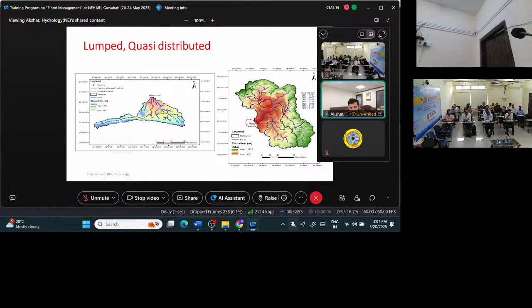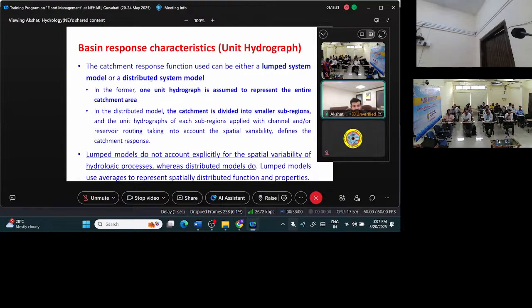So basically this approach for large catchments is known as the quasi-distributed approach. The catchment response function can be a lumped system or a distributed system. In the lumped system, one unit hydrograph is assumed to represent the entire catchment area. In the distributed model, the catchment is divided into smaller subregions, and the unit hydrograph of each subregion is applied with channel and reservoir routing, taking into account the spatial variability, which defines the catchment response.